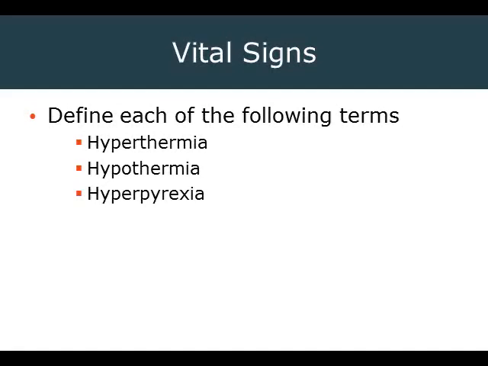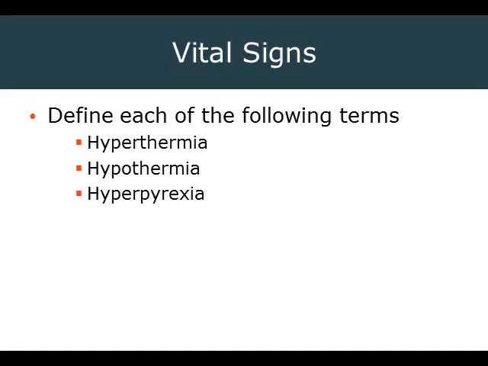Hyperthermia is usually used to refer to an increase in body temperature because of our environment. The same is true with hypothermia. So generally when the environment is too hot or too cold, we end up with a hyper or a hypothermia. Hyper for hot, hypo for low or cold body temperatures.